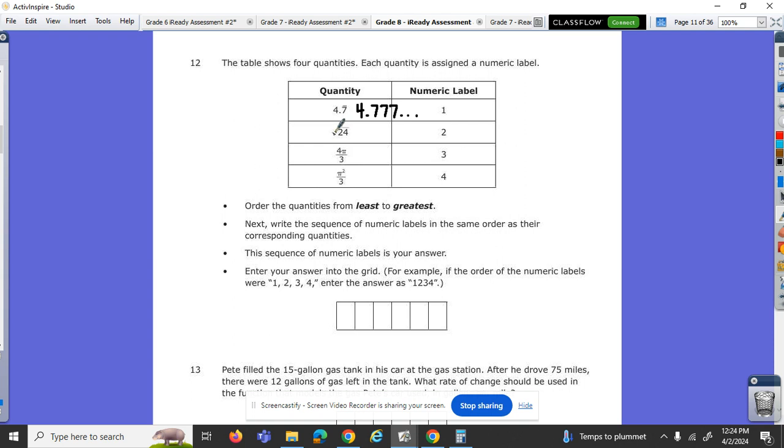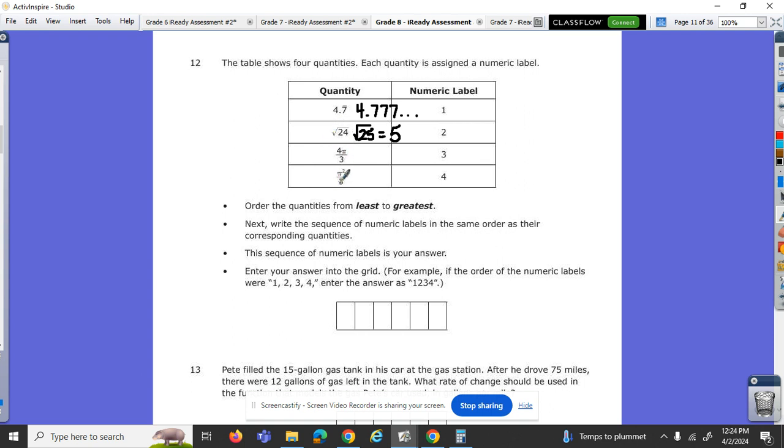So think about what perfect square root this one is closest to. Okay, so this one is closest to perfect square root of 25, which is 5. So the square root of 24 is going to have to be close to 5, so approximately.